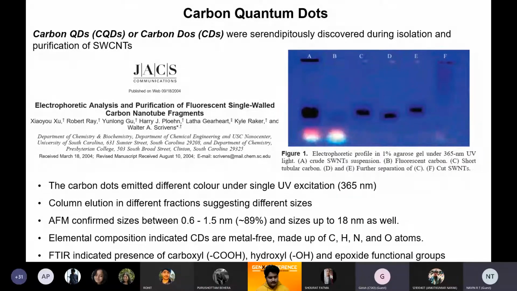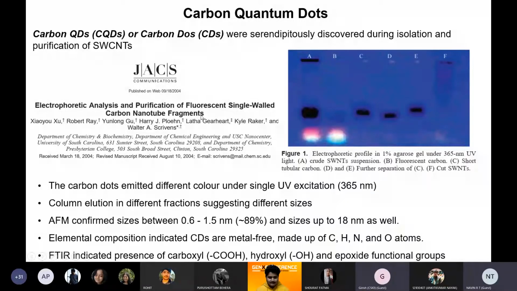During the purification of single walled nanotubes, they did electrophoresis, the general electrophoresis that we do in our laboratories, in 1% agarose gel, and when they observed this agarose gel under UV illumination, they observed another band of highly fluorescent material.